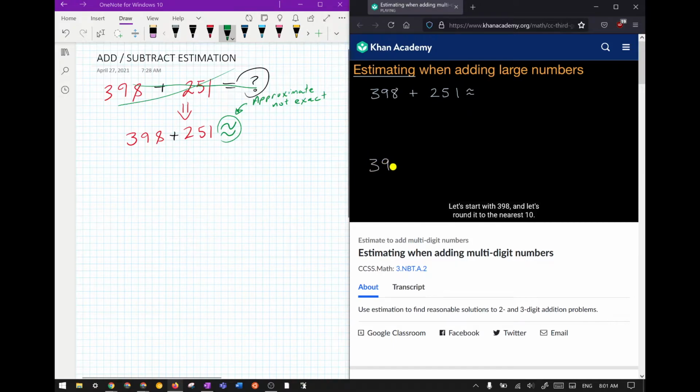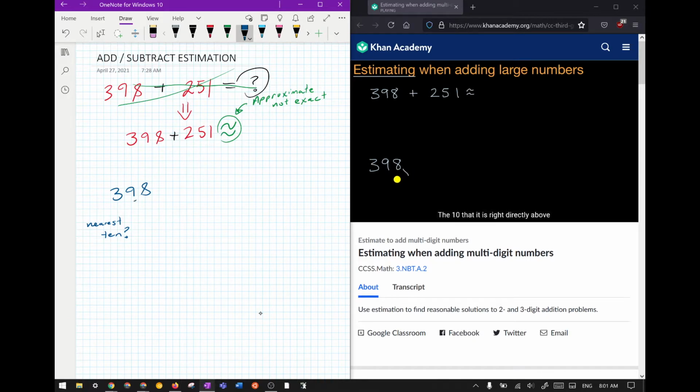Let's start with 398 and let's round it to the nearest 10. So 398, you can view this as, we have a 9 in the tens place, but you could view this as 39 tens and 8. The 10 that it is directly above is exactly 39 tens and 0 ones, or 390. And then the next 10 would be if we go up to 40 tens, which would be the same thing as 400.